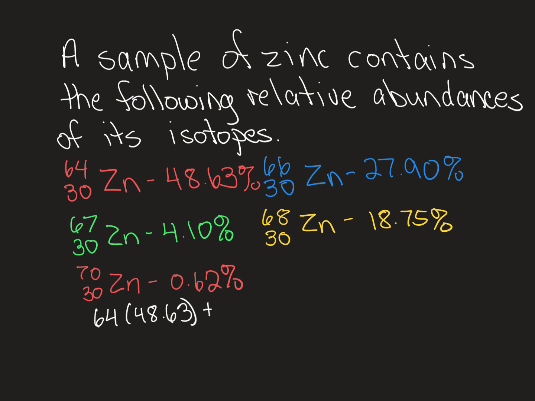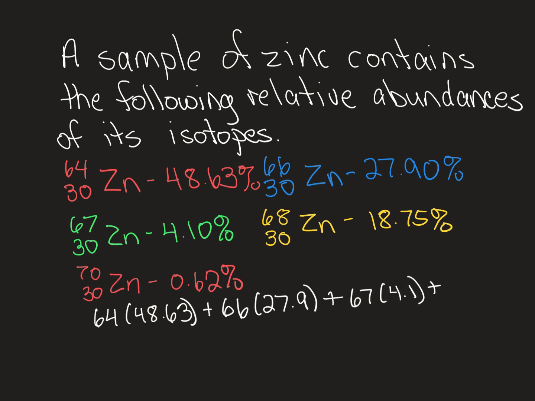The next isotope is 66, and I'm going to multiply that by 27.9. The next isotope is 67, and I'm going to multiply that by 4.1.